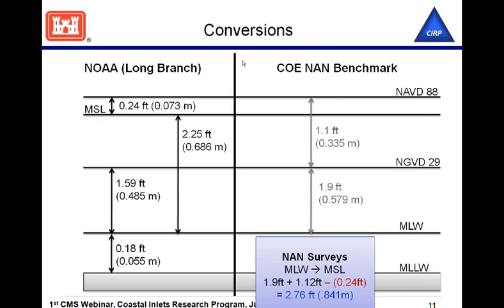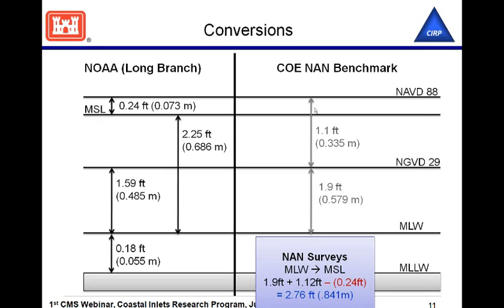So for our conversions, for this particular case, we're going from mean low water to mean sea level, for the area as specified by the New York District benchmark sheet. And so to do that, we only knew how to go from mean low water to NAVD 88 because we didn't have information for mean sea level.